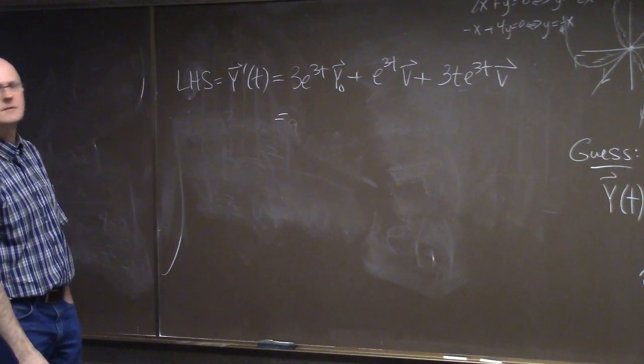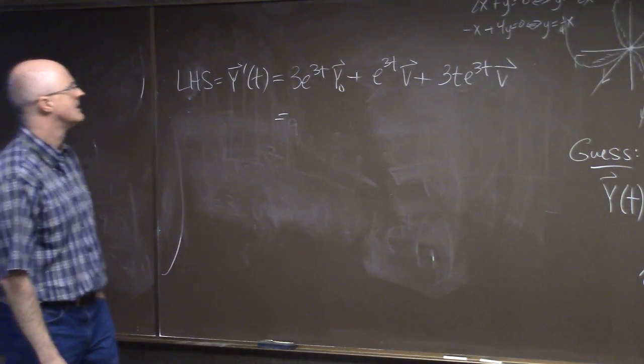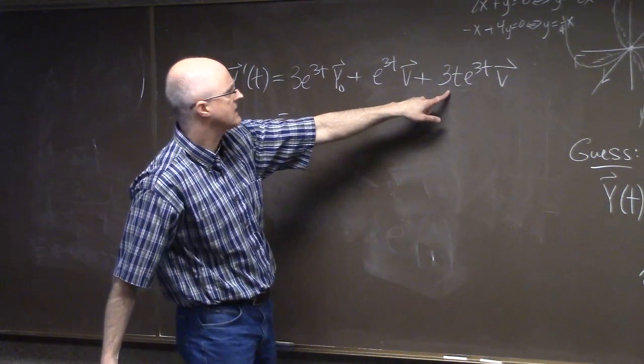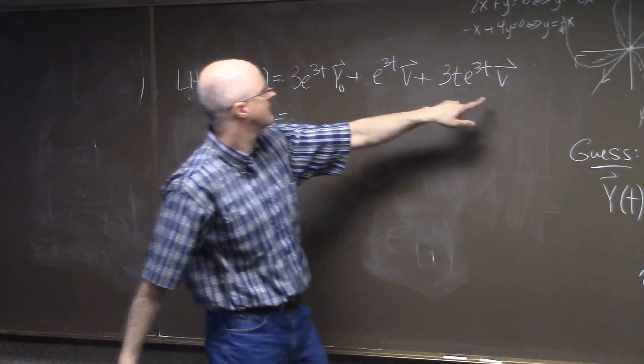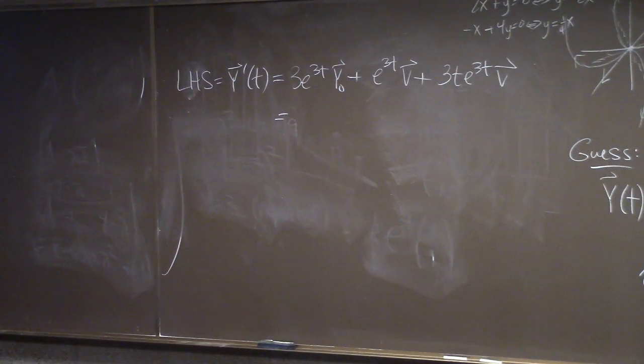I'm going to make a mistake. Do you need a t squared, or is it just t? Right here? It should be just t, right? Well, there's a t already on the outside, and you just did it with the e to the 3t. I used the product rule on this. Derivative of the t is 1. So then on the right side, you need it to be t times 3t, because you did the product on the right side.